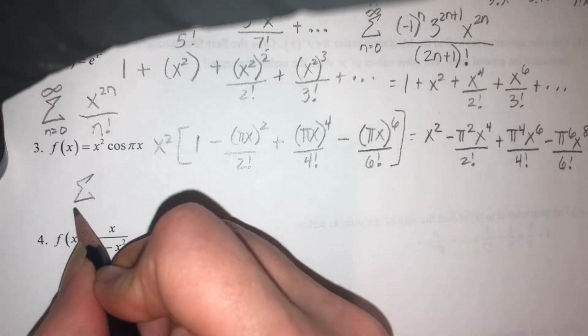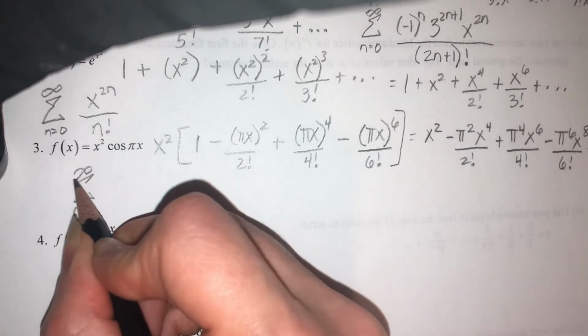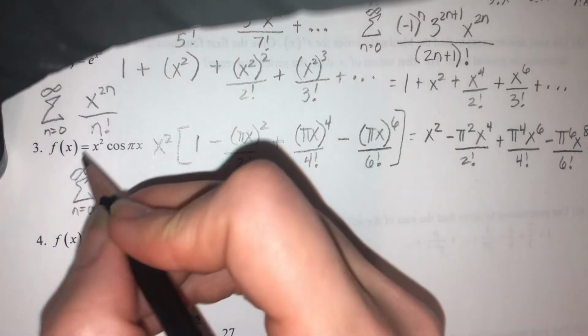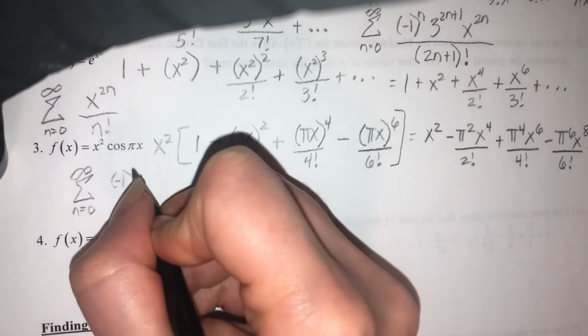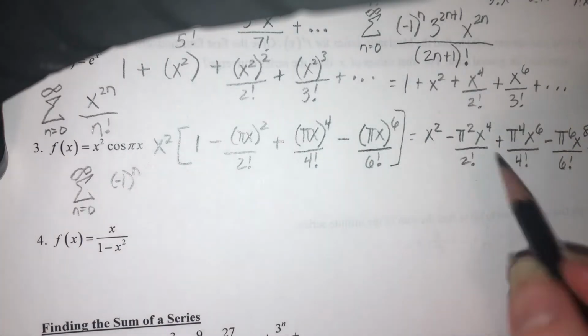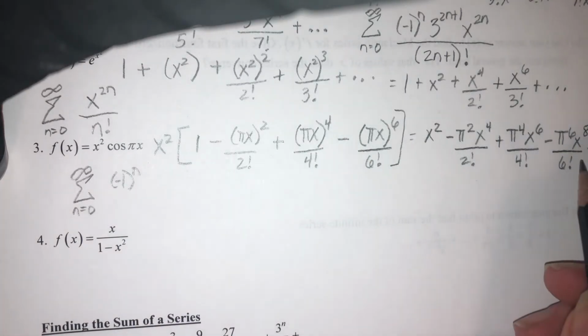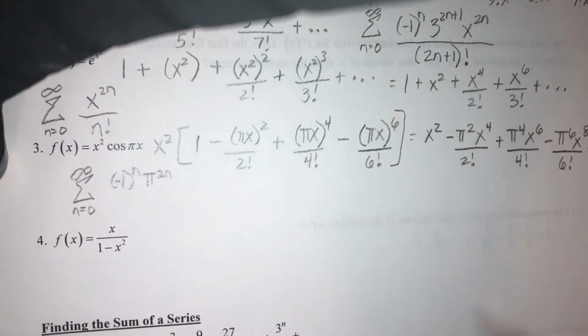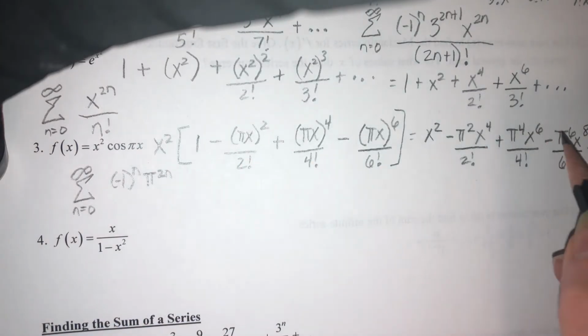Okay, so now I need to come up with a general summation rule that will produce this new series. So I've got an alternating series starting with positive. So I've got -1 to the n. Then I have pi raised to even numbers, pi to the 2n, starting with 0, 2, 4, 6.